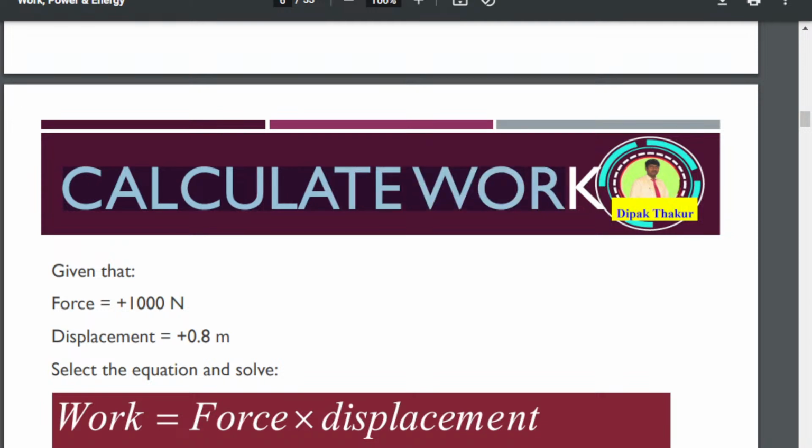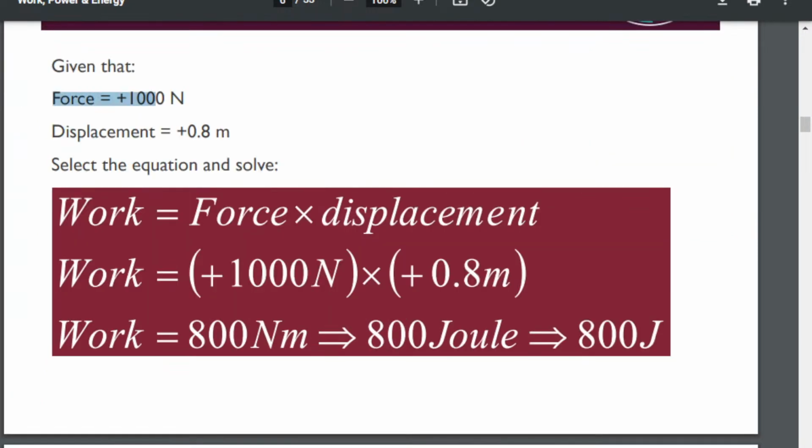Now we need to calculate this. We have the force equal to 1000 Newton and the displacement is 0.8 meter. We know the equation, work done equals force into displacement.